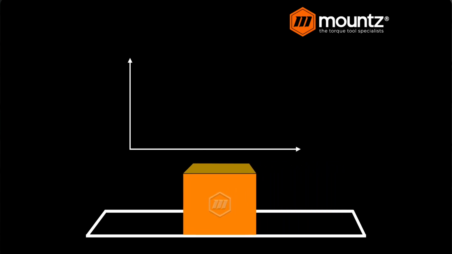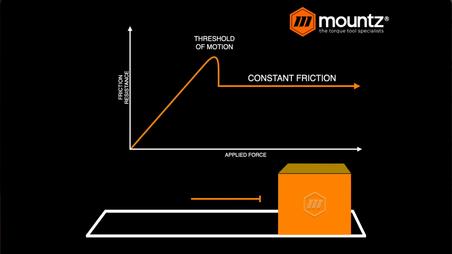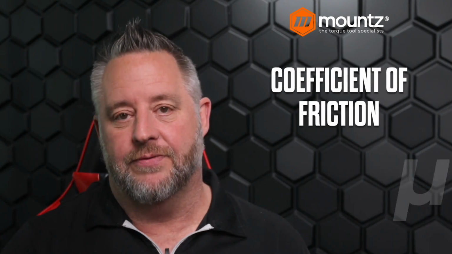To look at this graphically, if we have our applied force versus our frictional resistance, as we apply load, we get to that threshold of motion, and then we drop down into a constant state of friction. That's what is meant by the coefficient of friction.